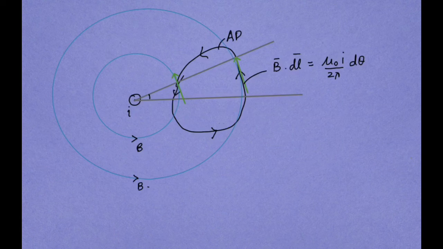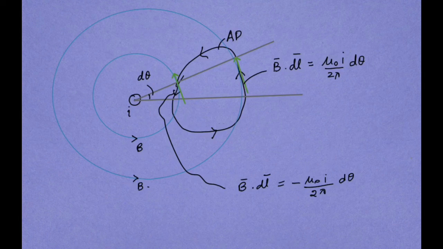In magnitude they are the same, so B dot dl for this part is mu naught I over 2 pi into d theta, and for this part also it is of the same magnitude but with a minus sign. If we add B dot dl of these two parts, they'll cancel out and become 0. Similarly, for this part and this part B dot dl will also get cancelled, and so on. And we can say that the total B dot dl will be 0.